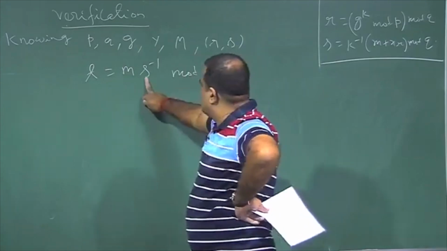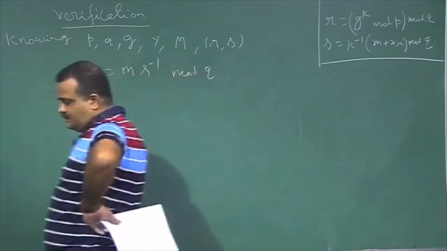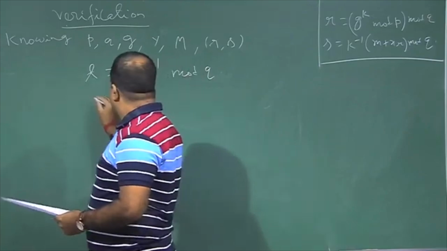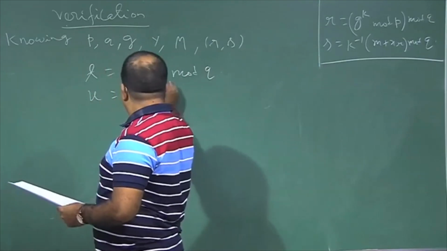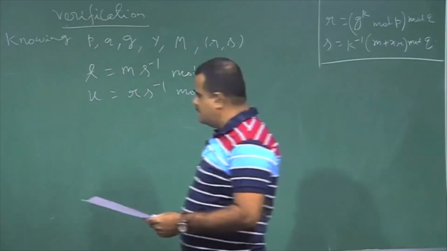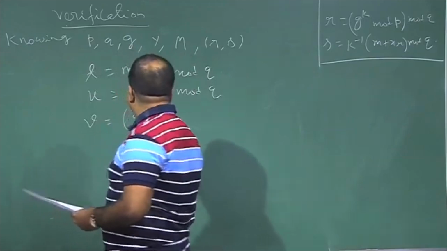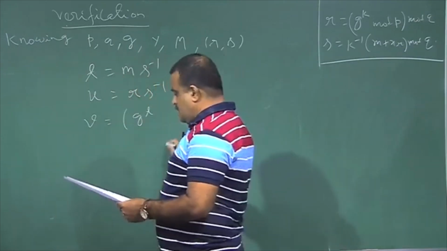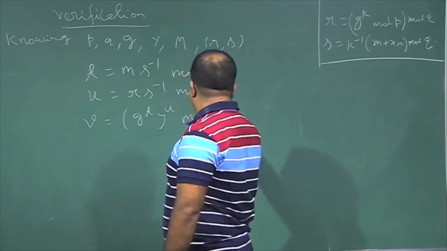So, Bob can get S inverse by the extended Euclidean algorithm. Okay, T Bob can calculate. Also U, which is R S inverse mod q, can be computed, and V is basically g to the power t, y to the power u mod p mod q.